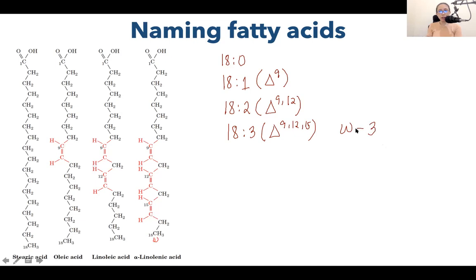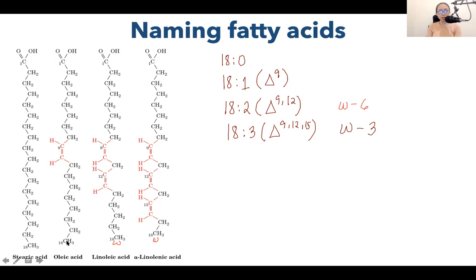So it's an omega-3. Pero si linoleic acid, this is an omega-6 fatty acid. This is your omega carbon. And then yung position ng pinakaunang double bond from the omega is at 1, 2, 3, 4, 5, 6. So this is an omega-6 fatty acid.